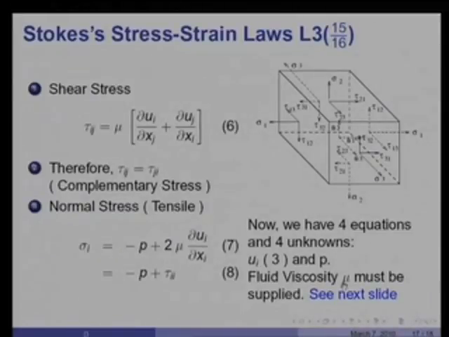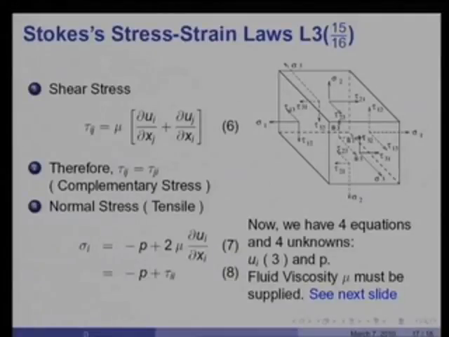Now this viscosity was simply a constant of proportionality between stress and strain. It is our great fortune that viscosity has turned out to be the property of a fluid rather than the flow. Imagine if the stress and strain were connected in such a way that the viscosity of water when it flows in a circular tube is different from when it flows in a square section tube, we would have a much bigger problem on our hands.